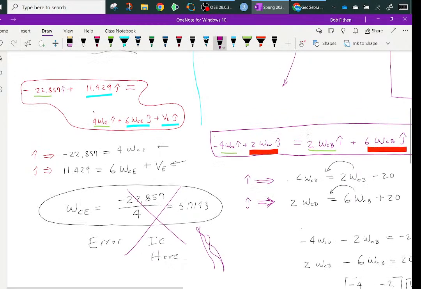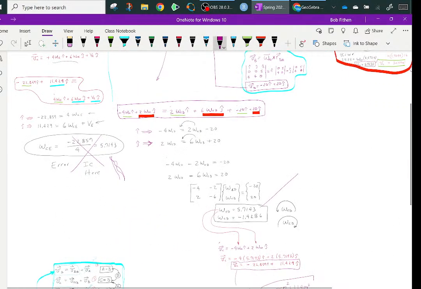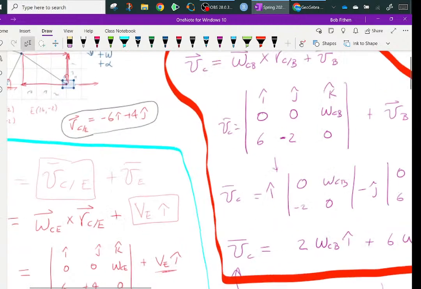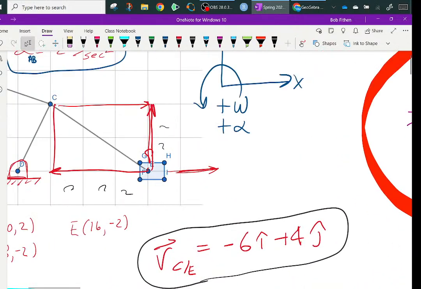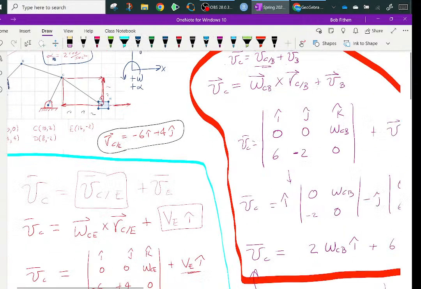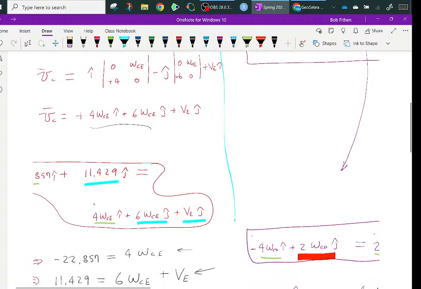So what I had done to get to this point, okay, so I got to here, and I think I was okay. At this particular point, this is just moving along link CE. We're just writing the equation along link CE. And let's see what I've done wrong here.